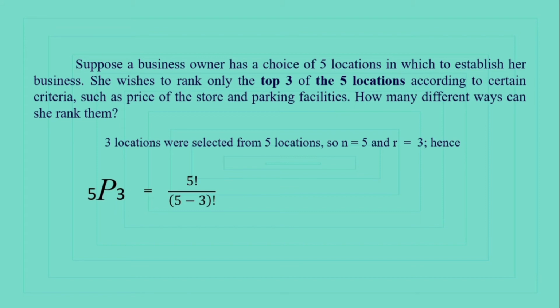Hence, 5 permute 3 is equal to 5 factorial over 5 minus 3 factorial, which is equal to 5 factorial over 2 factorial, which is equal to 5 times 4 times 3 times 2 times 1 all over 2 times 1. Cancel out the 2 and 1 and proceed to multiplication. We got 60. So, there are 60 different ways that she can rank the locations.